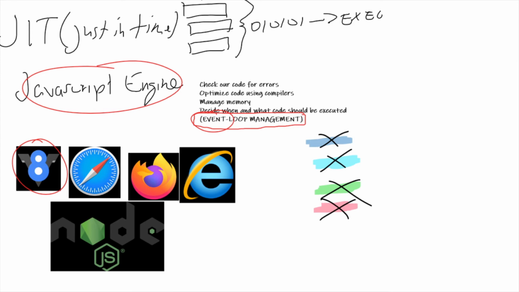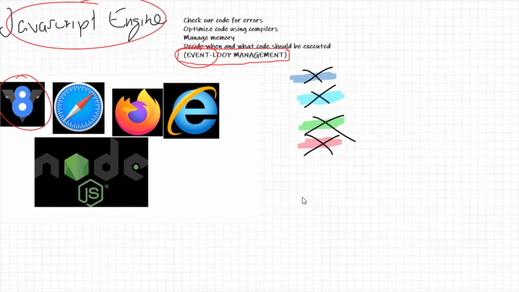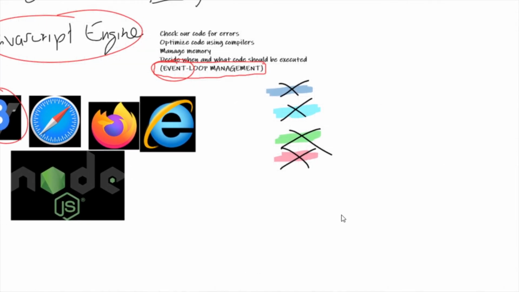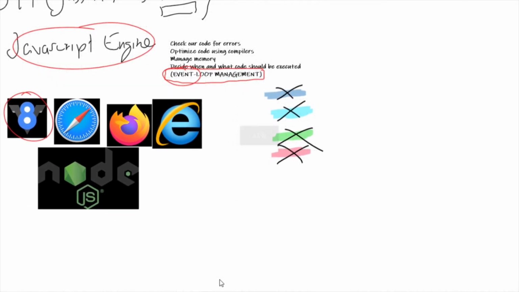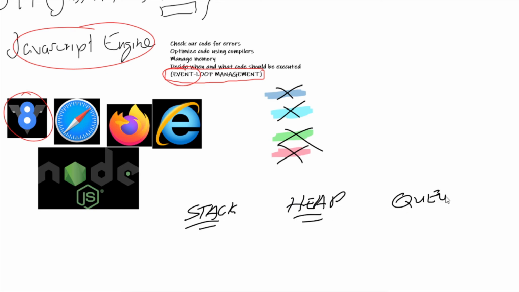And so the three main structures that allow this functionality, zoom out a bit, those three structures are called the stack, we got the heap, and then we got the queue. And so the stack is a structured area of memory that works on a LIFO architecture, last in, first out.